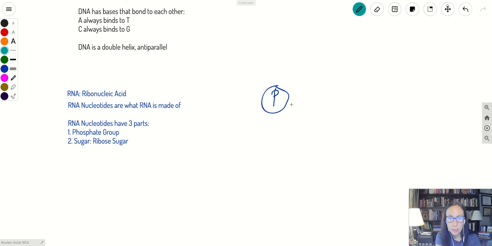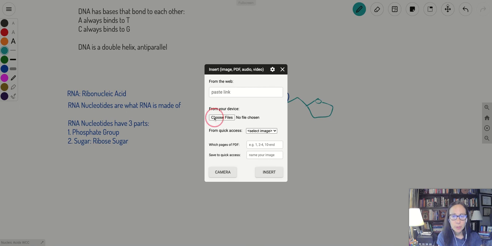It is also attached to the 5th carbon in the sugar. This right here is the 5th carbon. And then it looks the same. It's like this little house with an oxygen at the top. And that's a ribose sugar. But I'm going to show you a picture from the book so you can see exactly what the difference is.